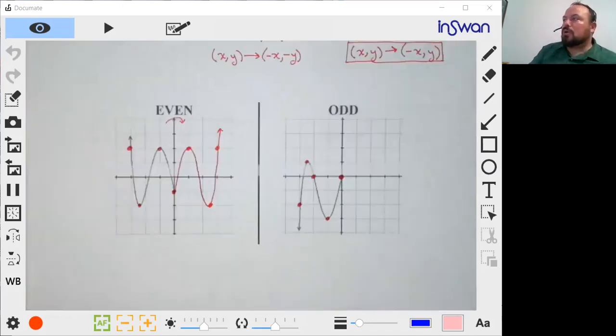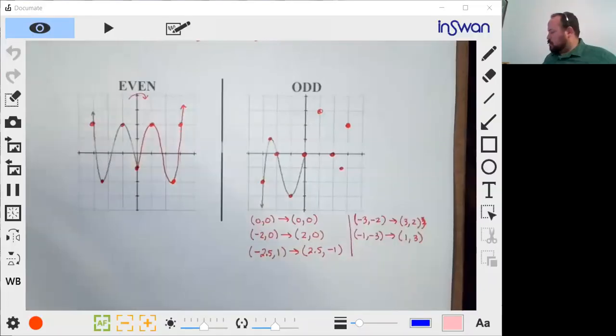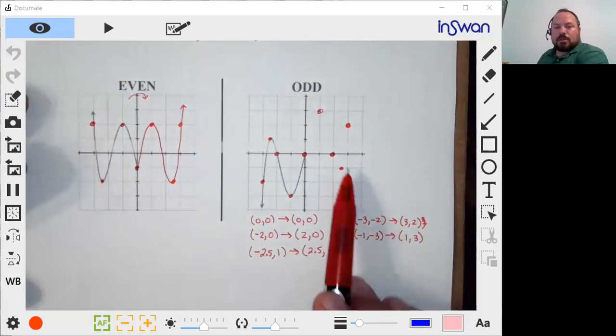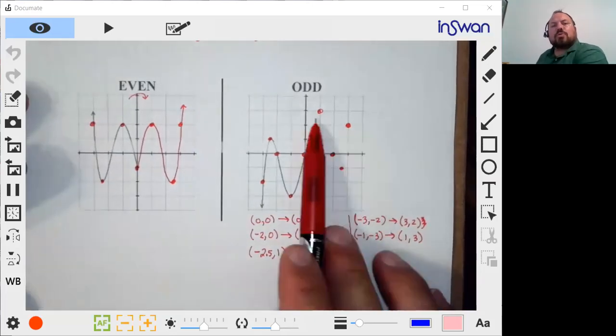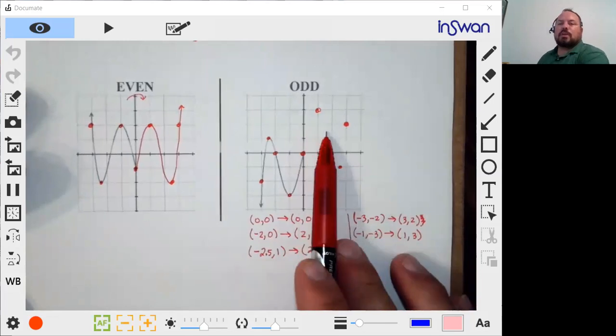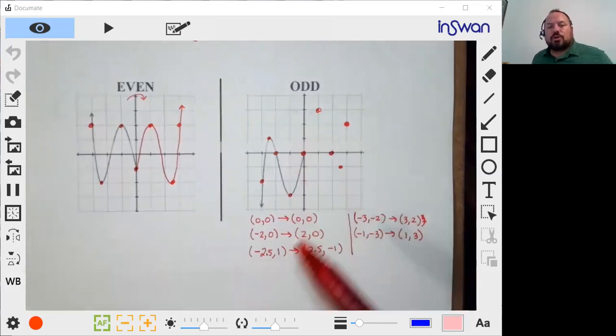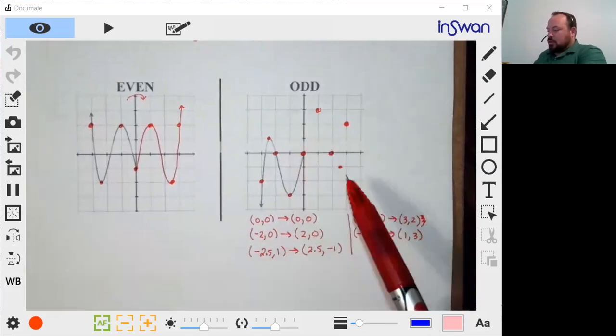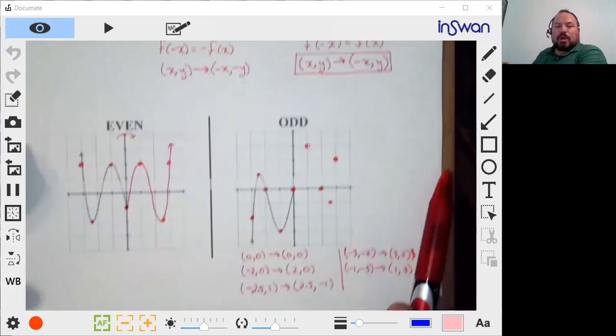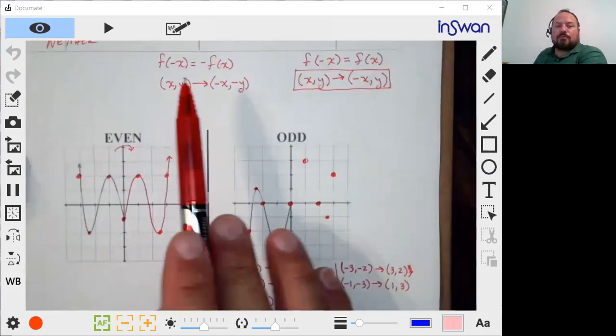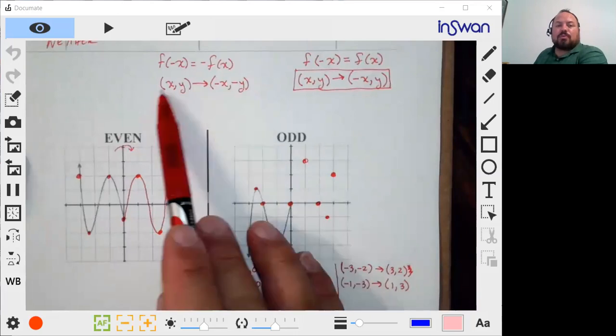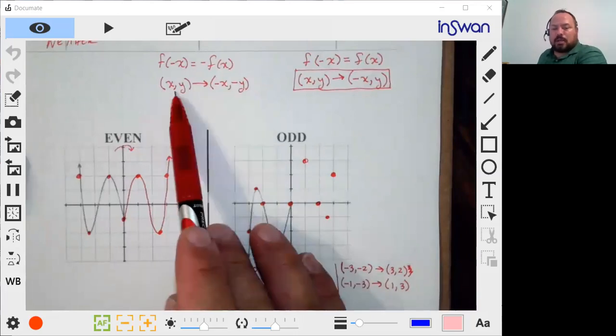I'm going to go ahead and look at how I'm going to plot these points. So I come over and I plot the points. A lot of times plotting for odd functions can be more difficult for students when they're initially working through it. And so that's where I use my notation for an odd function: if I have an x, y point, it becomes negative x, negative y.